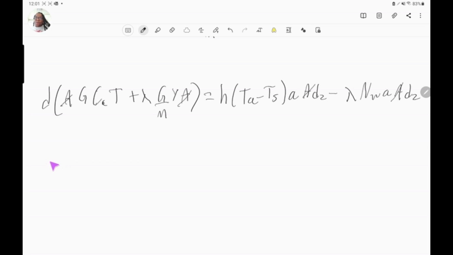And so we'll have a times our change in temperature, plus our lambda here, over m times change in mole fraction. Again, because this whole thing will be constant, because it's a steady state. Now it'll be multiplied by this again.